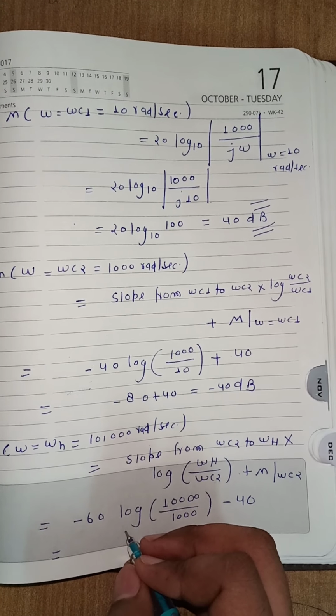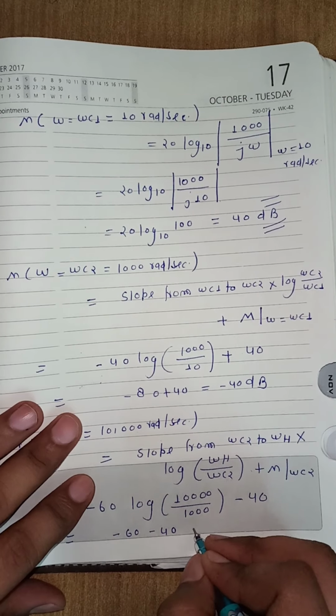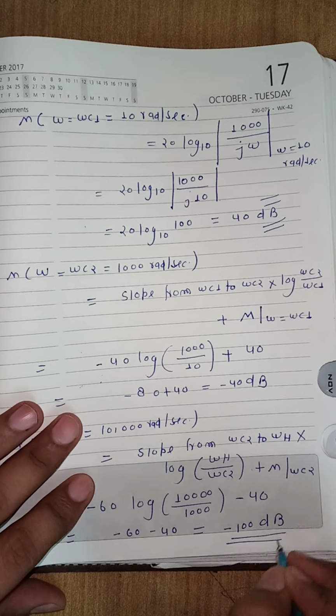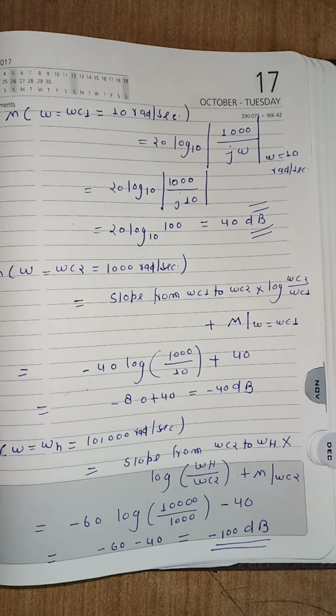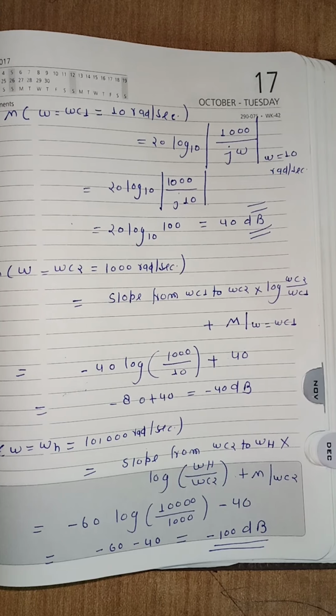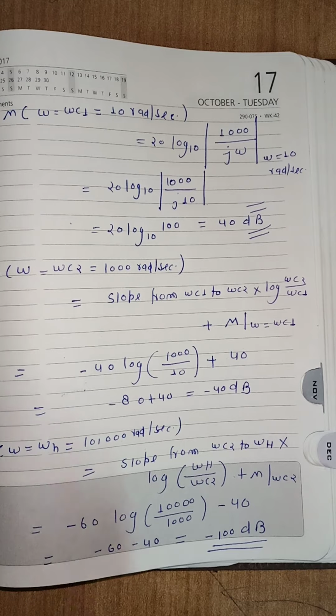So we have the answer minus 60 minus 40, which is minus 100 dB. So magnitude at 1 radian per second is 60 dB, at 10 radian per second 40 dB, at 1000 radian per second minus 40 dB, at 10,000 radian per second minus 100 dB.